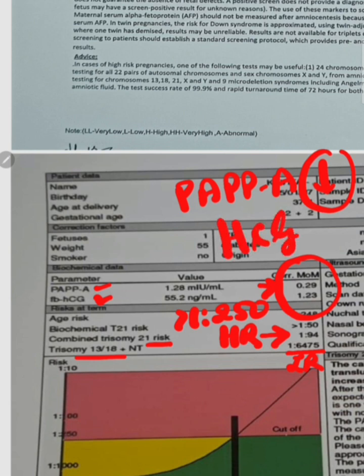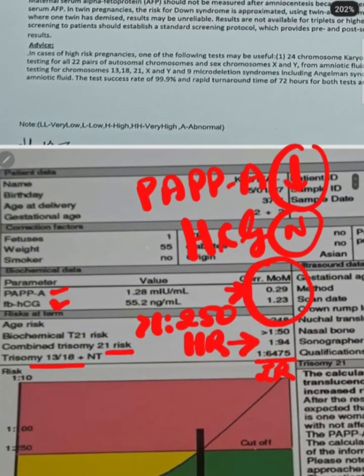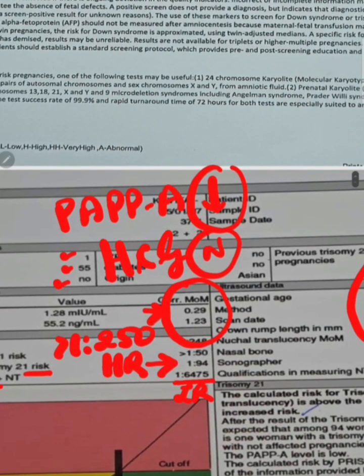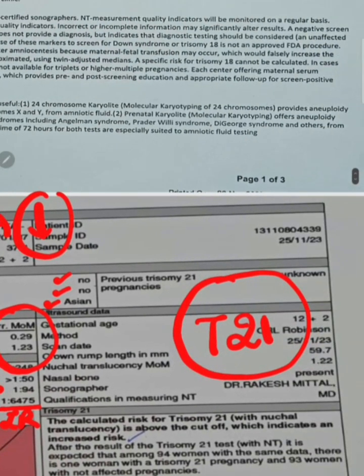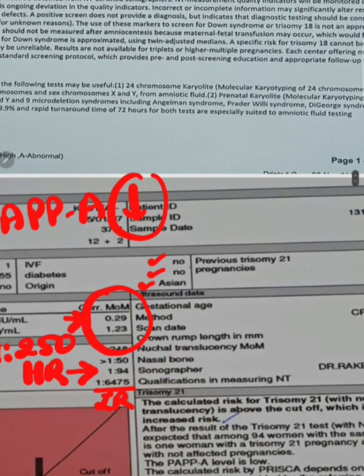Then also look at this: weight of the mother is 55 kg, which is normal. One fetus. She does not have any history of smoking. This is not an IVF pregnancy. She is not diabetic. She is of Asian origin, and there is no previous history of trisomy 21. So all history-indicated markers are also normal.